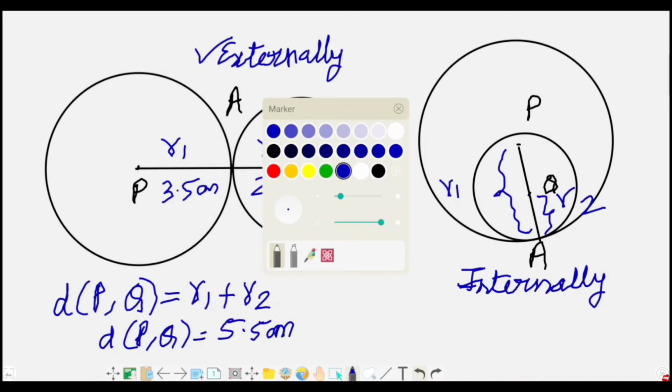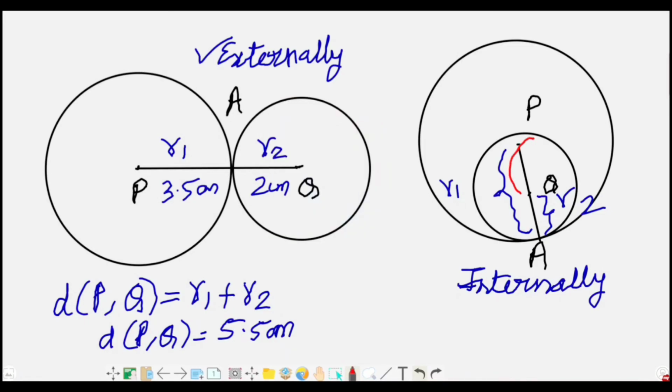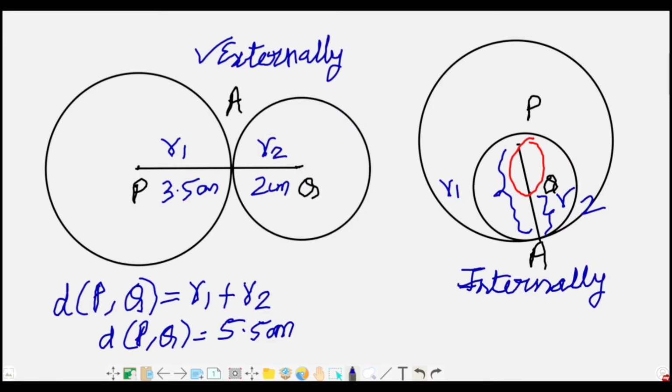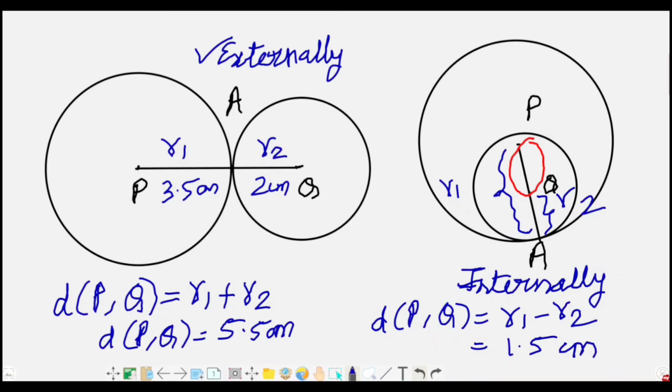Then just see what will be the distance between their centers, that is P and Q. R1 is the larger one. R1 minus R2. If I consider the same measurements, then 3.5 minus 2 will be 1.5 centimeters.